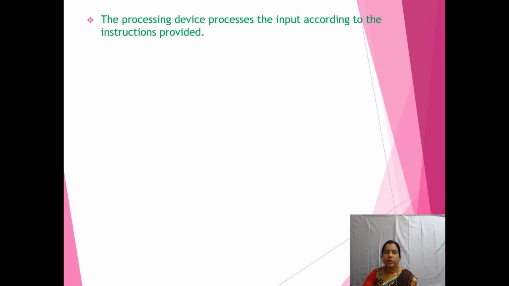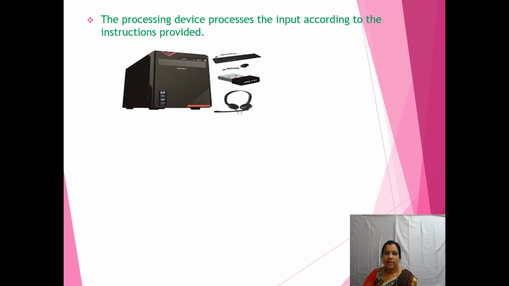Next, processing. Processing devices process the input according to the instruction provided. After giving the input, it is processed in our CPU and it gives the result. For example, take 4 plus 4.